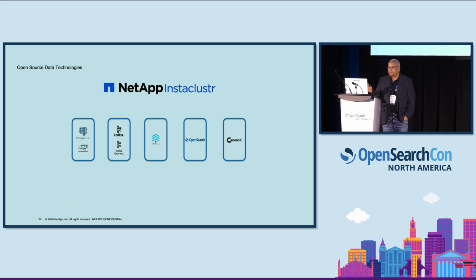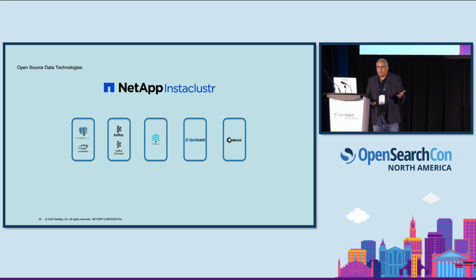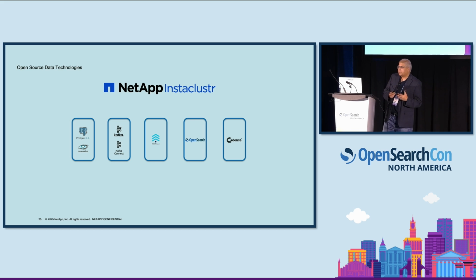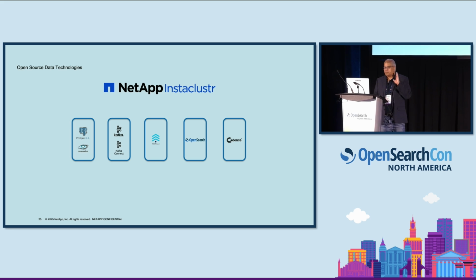Instaclustr was a 10-year-old startup that NetApp acquired. What Instaclustr did was, we are open source data technology experts. We provide all the technology that I mentioned here along with OpenSearch.